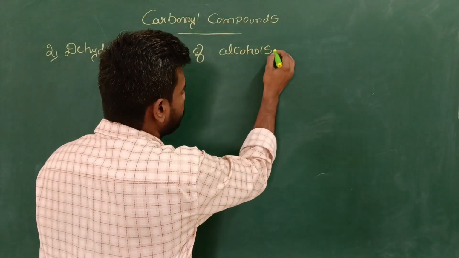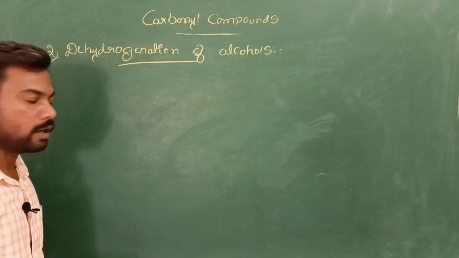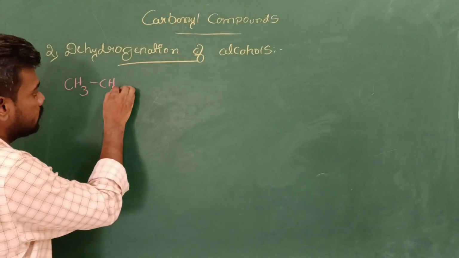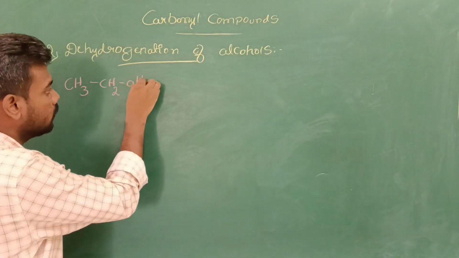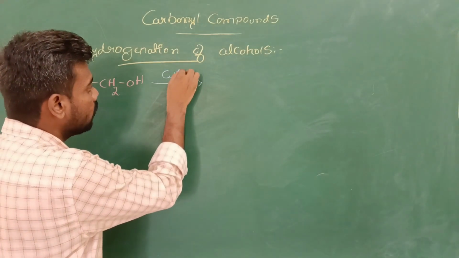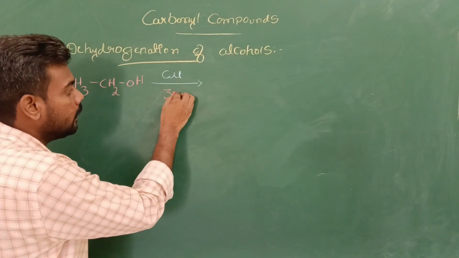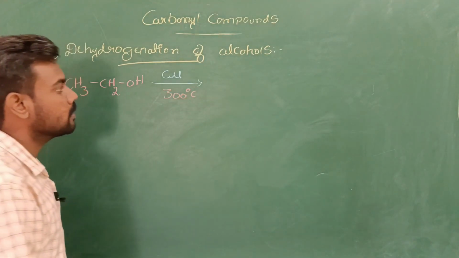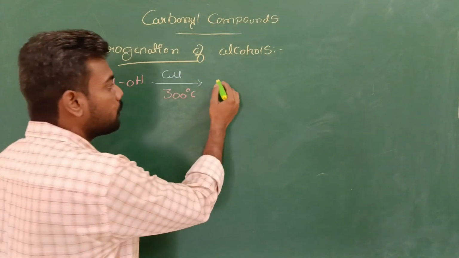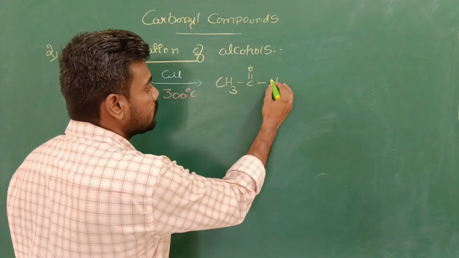For example, when primary alcohol, that is ethanol, reacts with copper at a temperature of 300 degrees Celsius, it forms acetaldehyde.